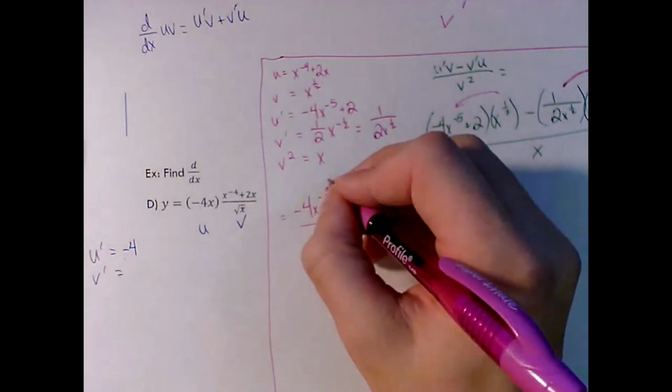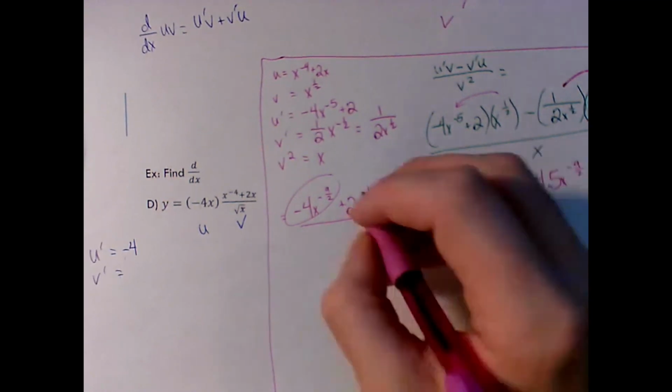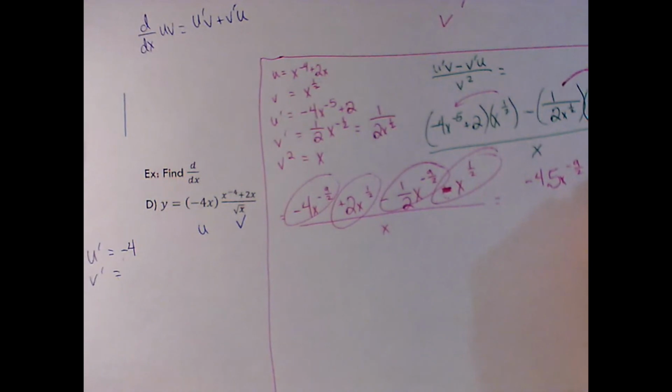So a lot of simplifying here, which is convenient. -4.5 x to the -9/2 plus x to the 1/2 over x.